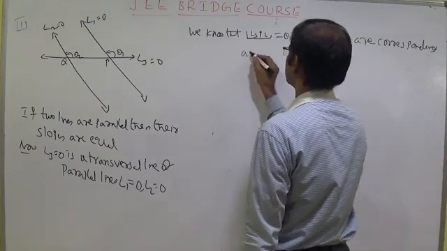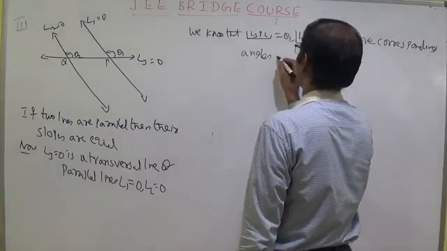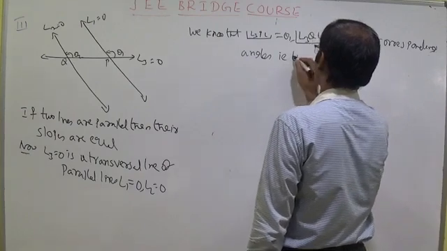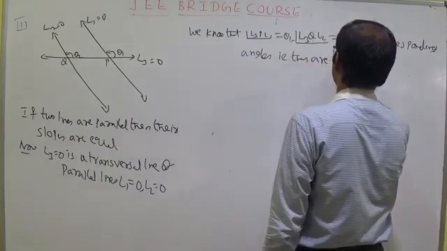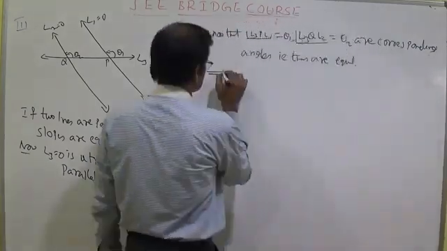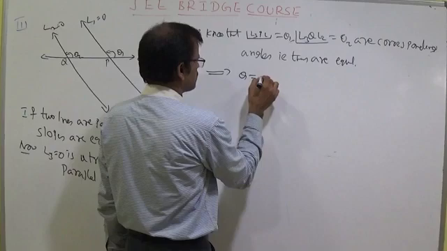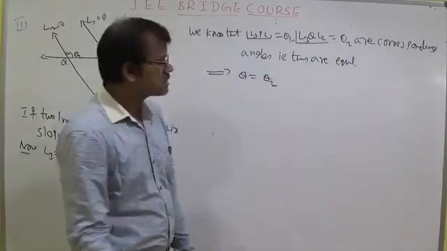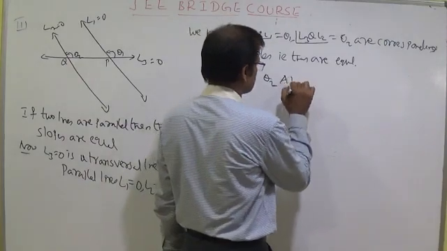Corresponding angles, so above the line, they are equal. Corresponding angles are equal. That implies you can write here theta 1 is equal to theta 2.